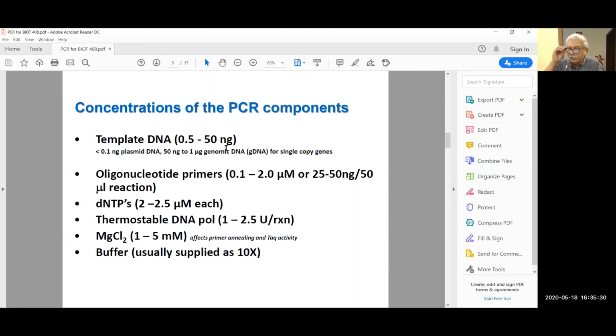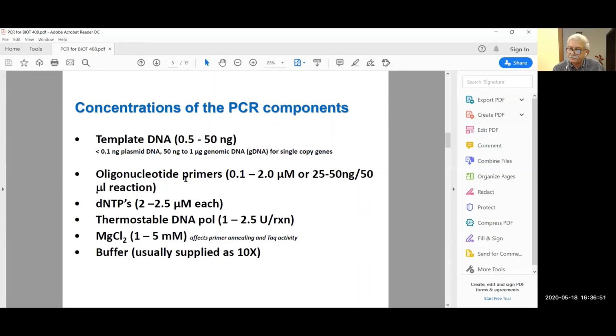Make it a rule that you start your PCR with a minimum of 1,000 copies. Then the amplified product will be visible on the gel after 40 cycles. Otherwise, the visibility will be very, very difficult because the number of amplified products will be very, very low.